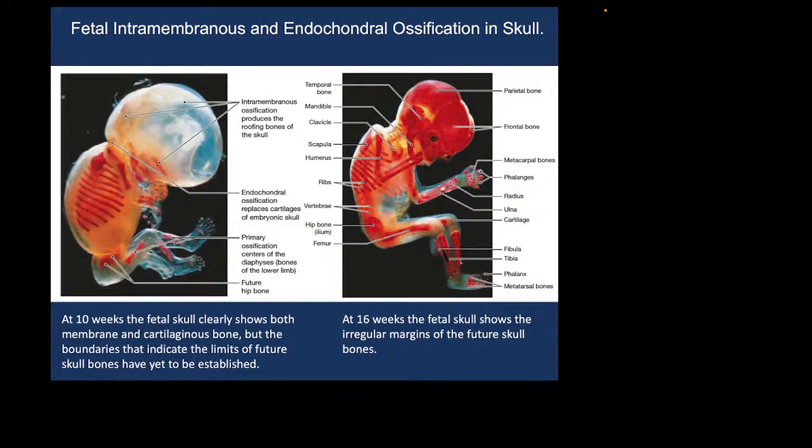And here you see the membrane stage where mostly all bones of the skull consist of membrane or connective tissue, and only some bones of the facial skeleton, like mandible and maxilla, and some part of the orbit consist of cartilage.